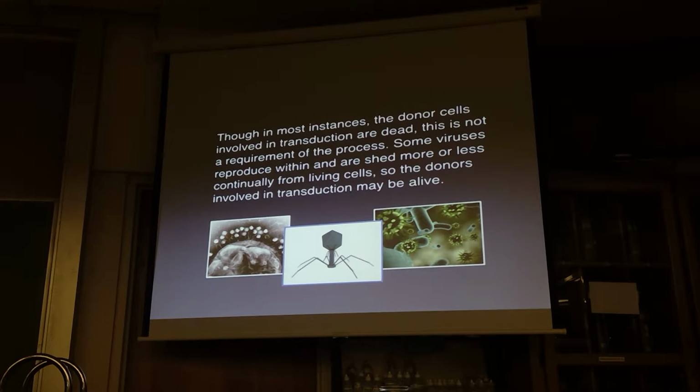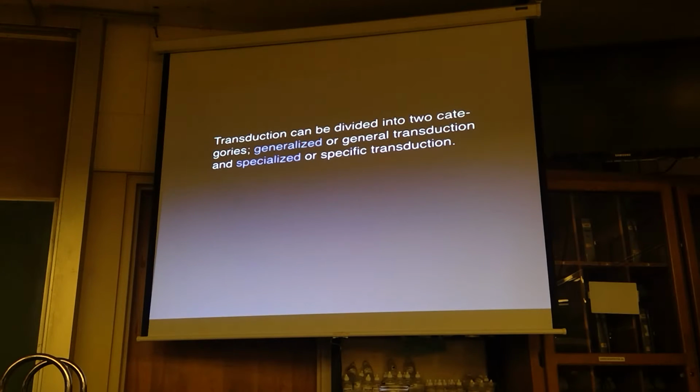Some types of viruses allow the cells to survive and just shed virus particles for a very long period of time. So I don't think it necessarily has to be live or dead. With transformation, the donor is dead. With conjugation, the donor has to be alive. With transduction, either or. I don't think it matters.